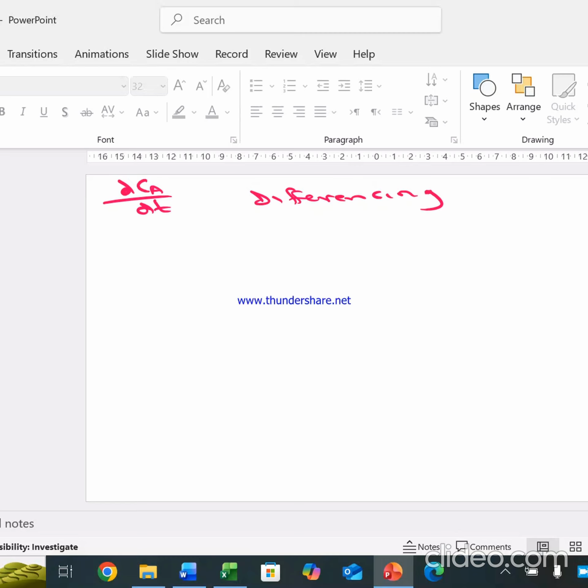So the differencing method goes like this: T is equal to 0, 15, 30, 60, then we have 120, then we have 240. And we have our Ca in mole per dm cubed.